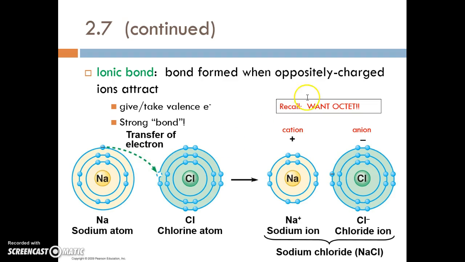And an ionic bond is when they're sort of oppositely charged. So again, this guy, Na, donated the electron, so he became positive. Cl got another electron, so he's going to be negative. So cation, anion, both of them have now occupied the outer orbits with 8. So the octet rule is now complete.